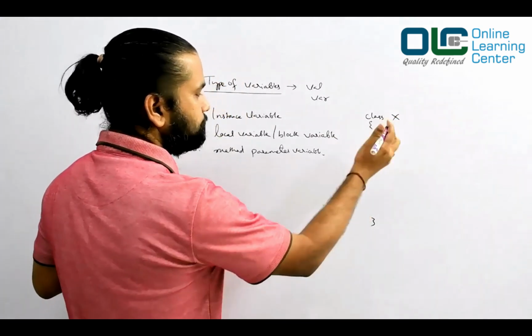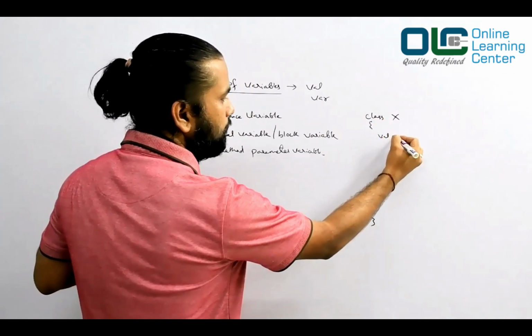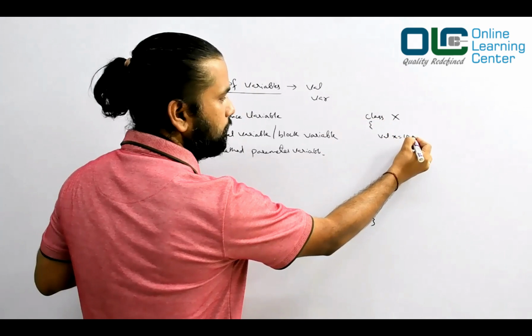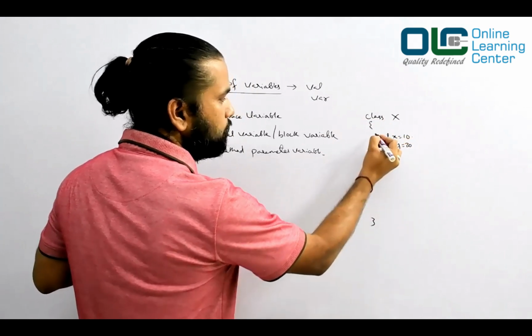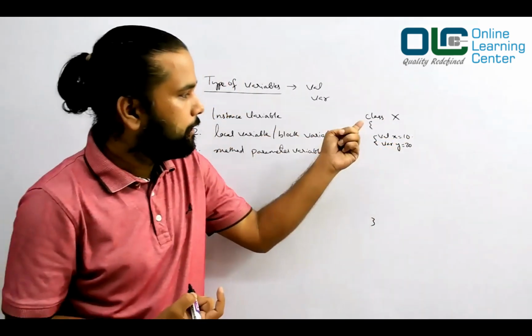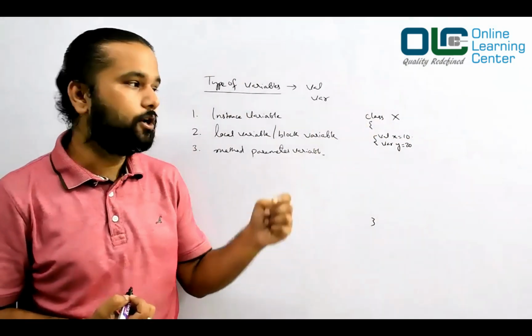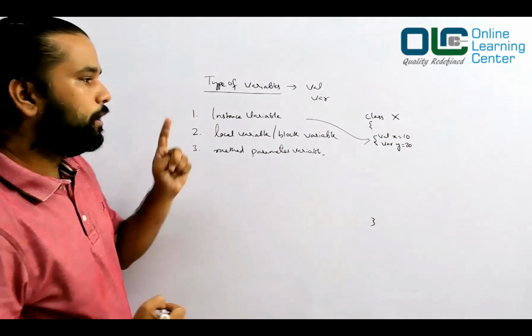So let's say x is equal to 10, and y is equal to 20. So these two are basically class level, right? It's basically written just inside your class. So we call this instance variable.